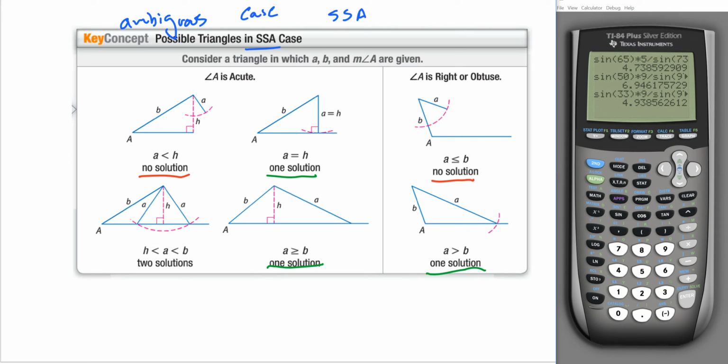And sometimes they give you an angle that's just big enough that you can actually make two triangles out of it. So two solutions. So when they give you two sides and an angle and you want to solve a triangle, you might have no triangles, one triangle, or two triangles. Now the hardest thing is, how do you tell which one it is? Easy way is you don't. You just try to solve.